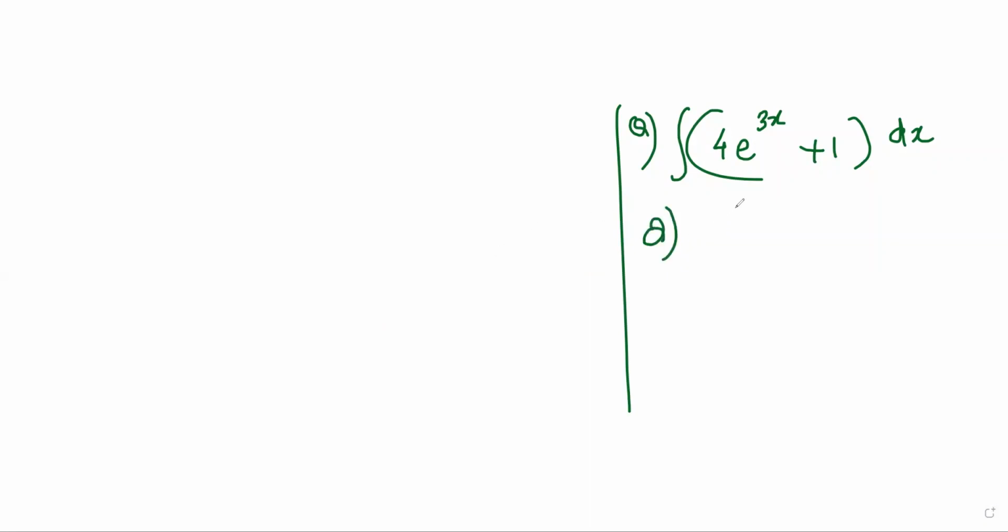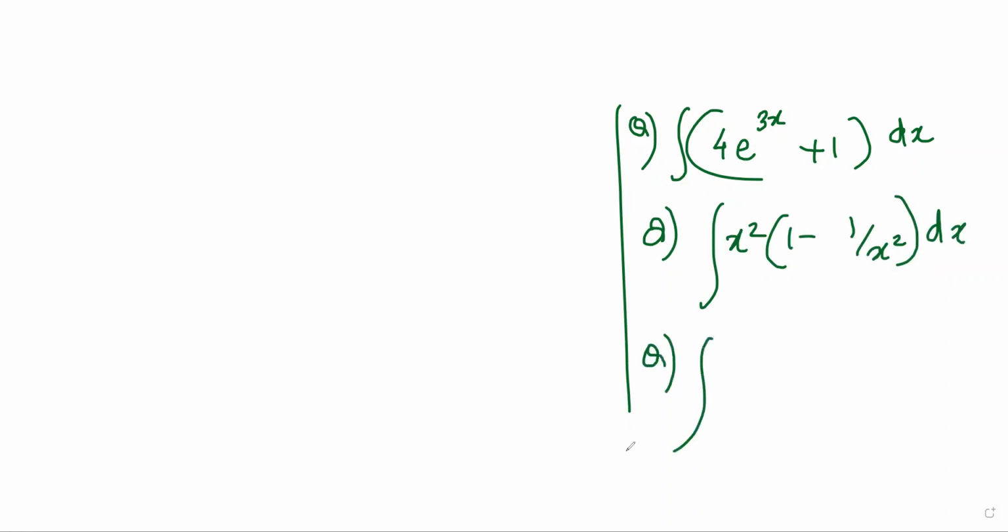You also try to solve yourself. Next question, integral x square into (1 minus 1 by x square) dx. Next question. Integral (2x square plus e raised to x) dx.